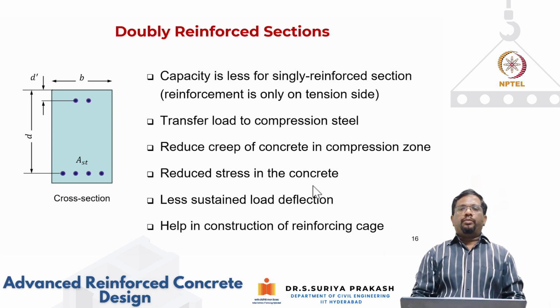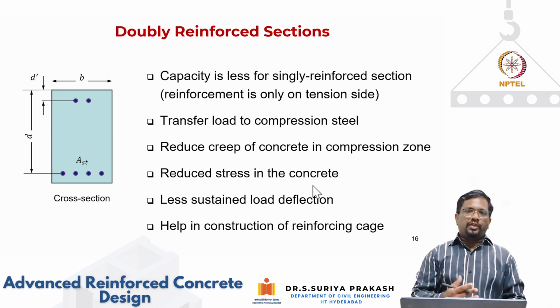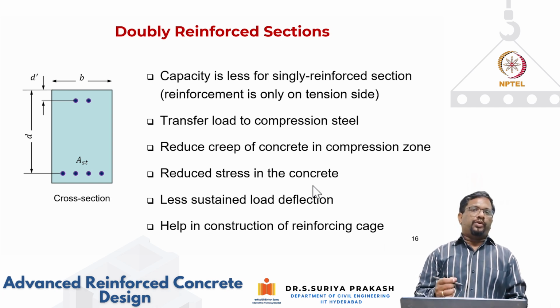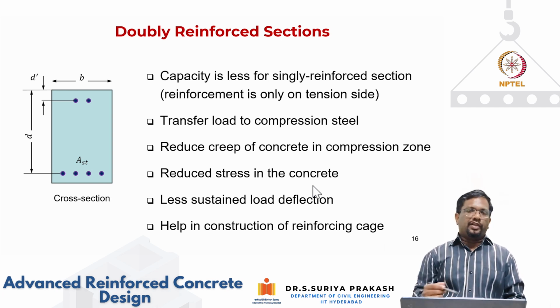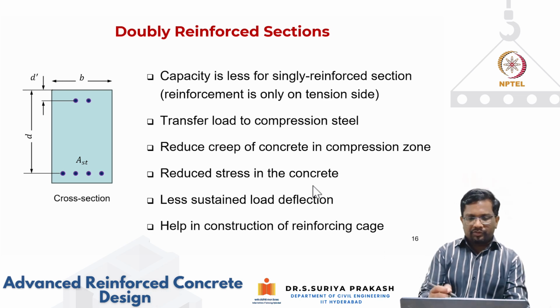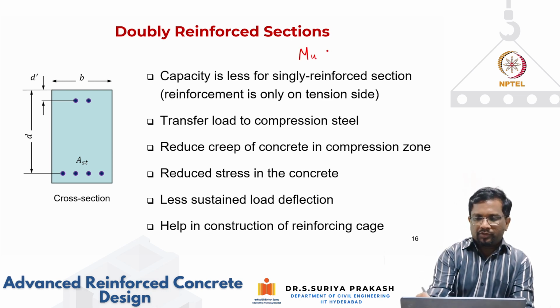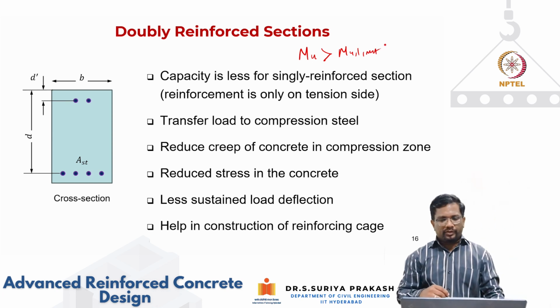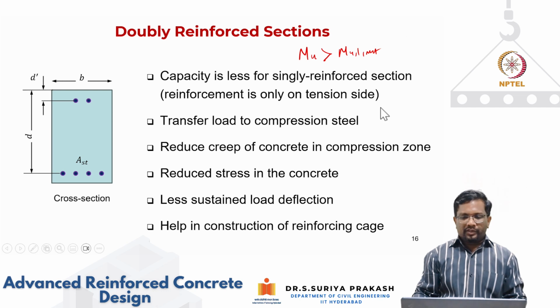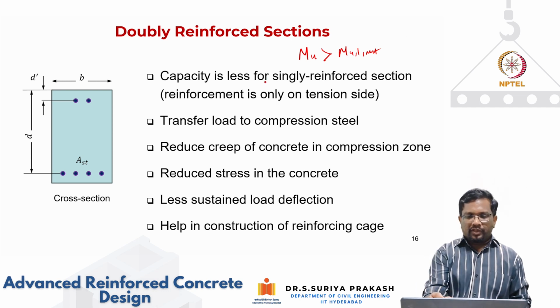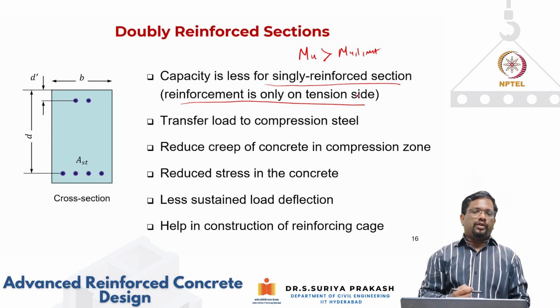Now, there may be situations where your moment demand from your analysis may be higher than what you can have for a singly reinforced section, that is your Mu limit. So, in this case, Mu is going to be greater than Mu limit for your singly reinforced case. So the capacity is going to be less for a singly reinforced section, where reinforcement is provided only on one side.